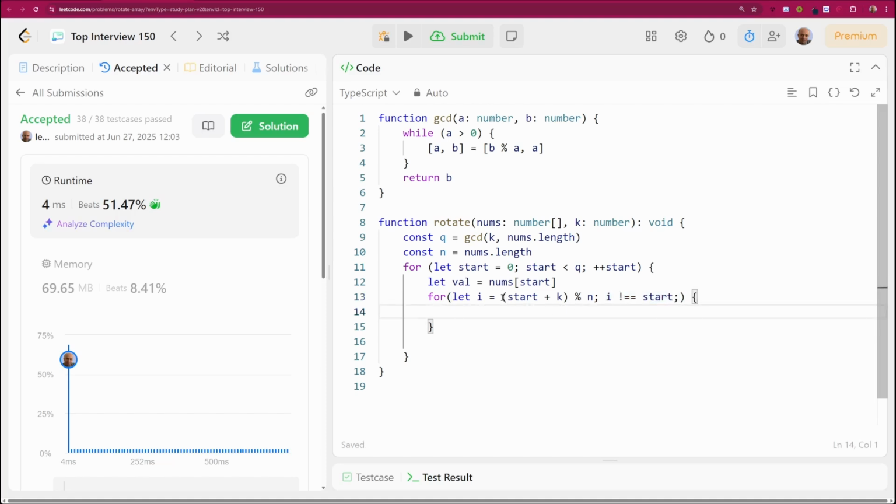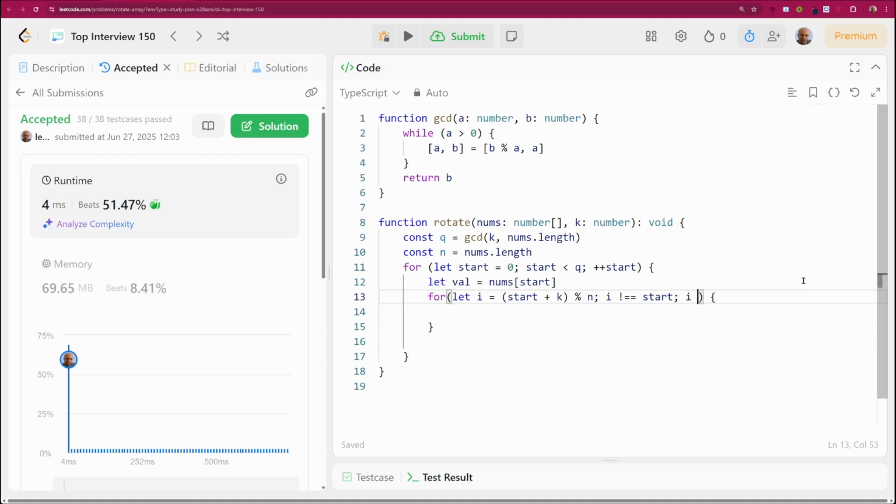So notice that we're not starting at start. We're starting at a different location. So when we reach start, we could stop. And we just need to, okay, in terms of each, next time we have to do what?